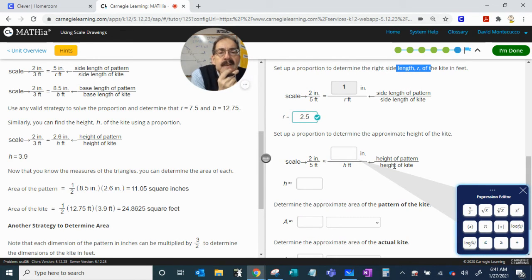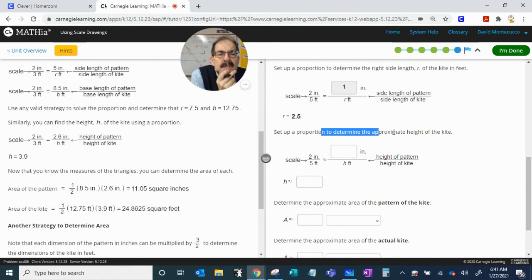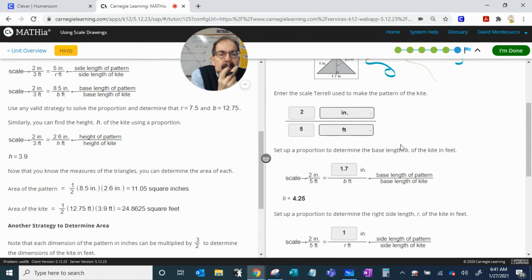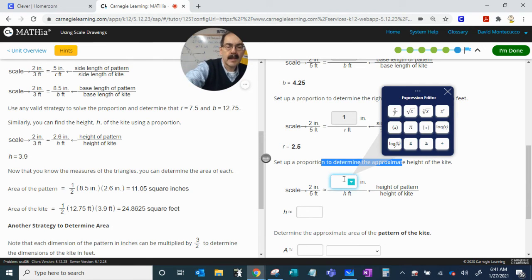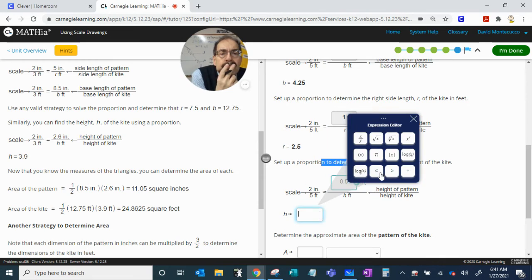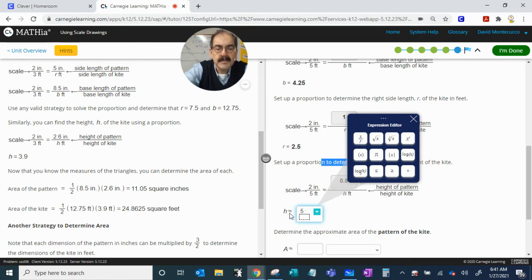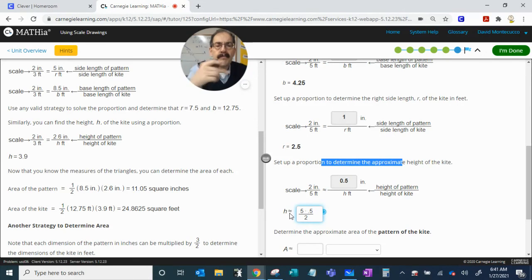Now the scale factor. Set up a proportion to determine the approximate height, 2 to 5, 0.5. Now 5 times 0.5, all divided by 2.